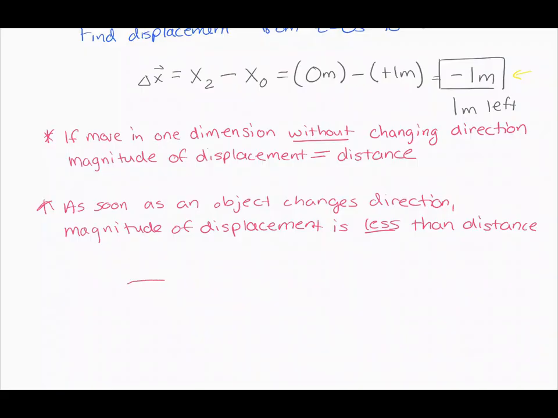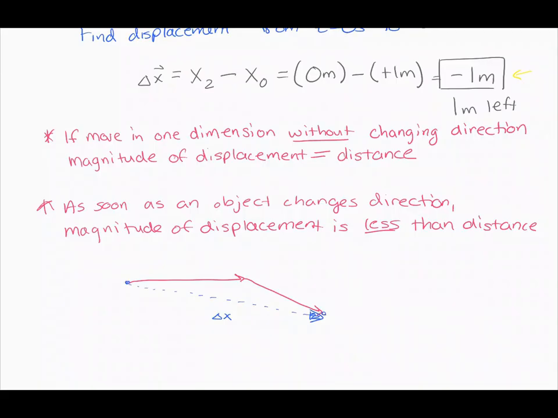So if I go in a straight line here, and then I come maybe at an angle like that, my distance keeps getting bigger. So I would add those sides of that triangle up. My displacement would be this line right here, directly from start, directly to end.